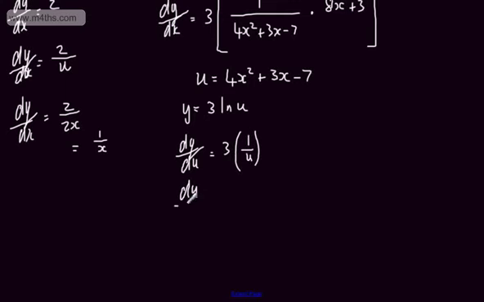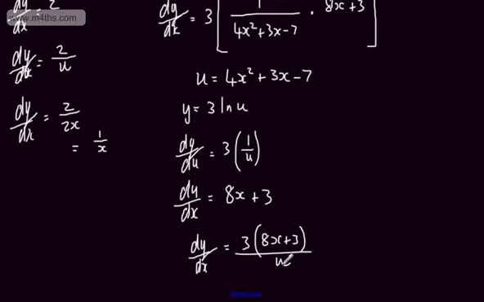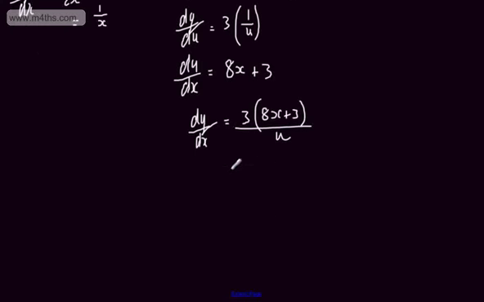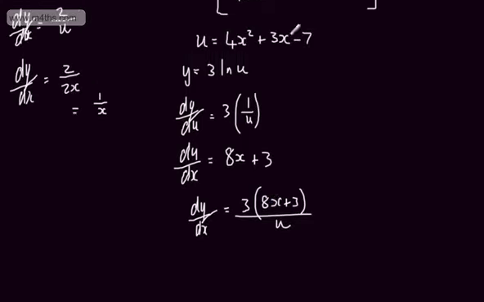We could say that du by dx would be equal to the derivative of u with respect to x, which is 8x plus 3. We would multiply the two, so we would say that dy by dx was equal to 3 lots of 8x plus 3 over now u, but of course we know that u was the original function, the inside function, and we could go ahead and write that.